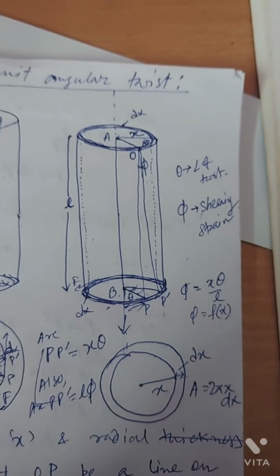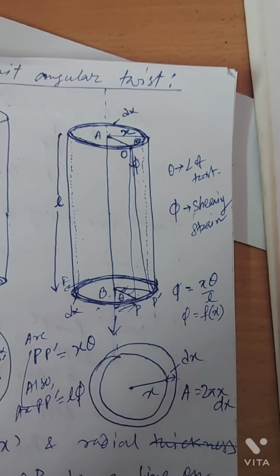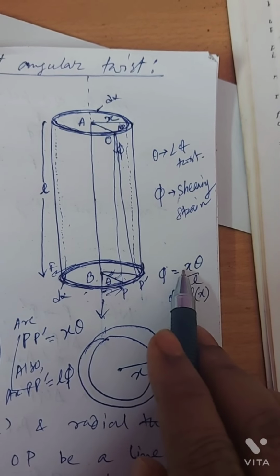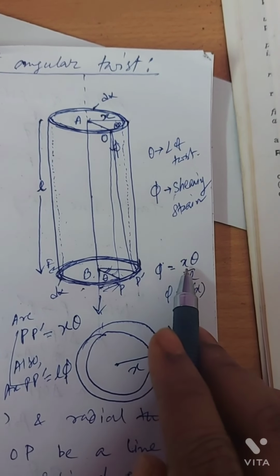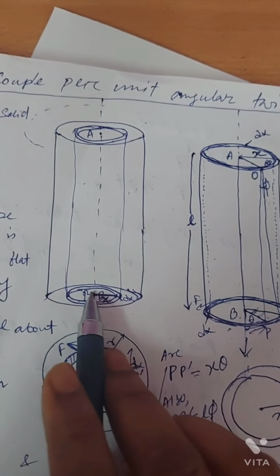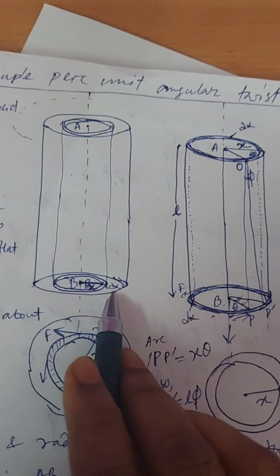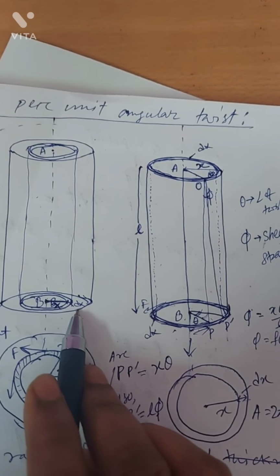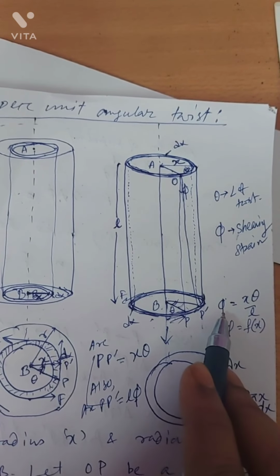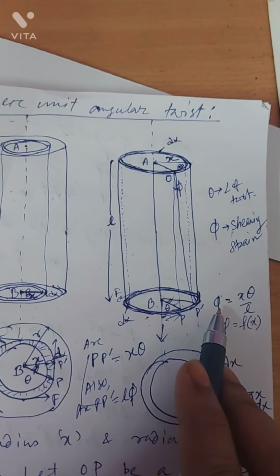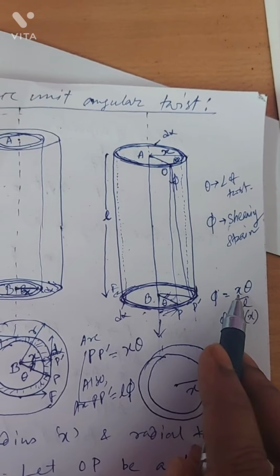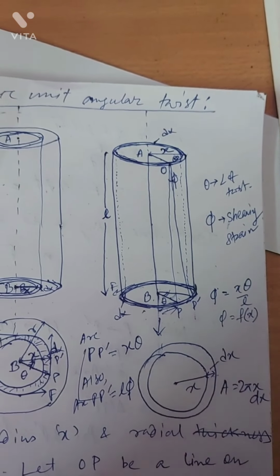As we move toward the axis of the cylinder, x reduces, and as x reduces, phi also reduces. As we move toward the surface of the cylinder, x becomes maximum, equal to the original radius r of the solid cylinder, and hence phi is also maximum. So the shearing strain is not constant but a function of x, which is the distance from the axis.